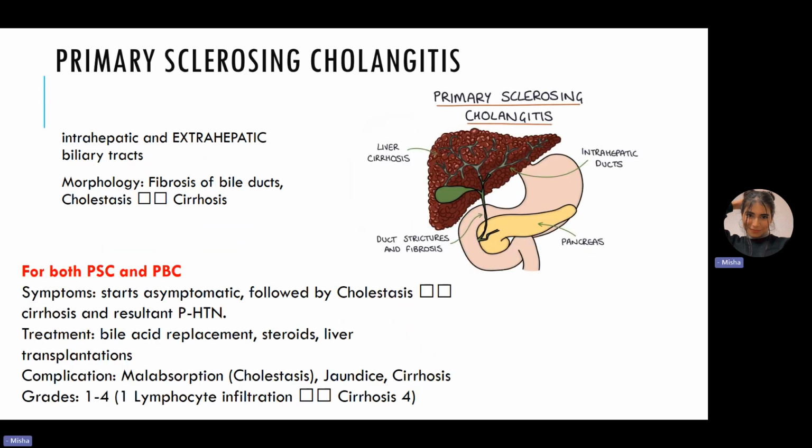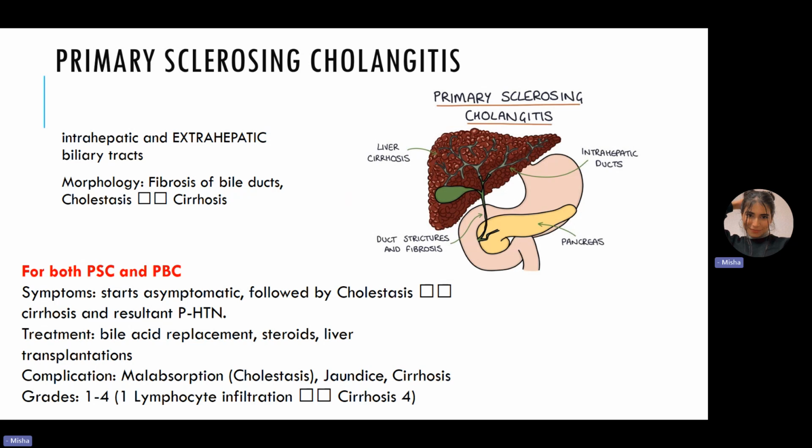Furthermore, we can talk about primary sclerosing cholangitis. It is the idiopathic inflammation and fibrosis of the intrahepatic and extrahepatic biliary tracts. So the sclerosing type is also present in the extrahepatic ducts.